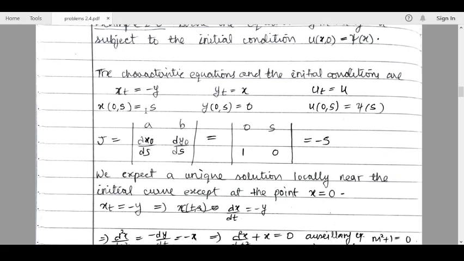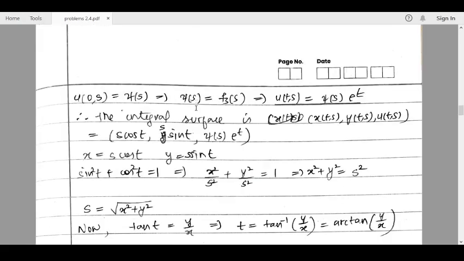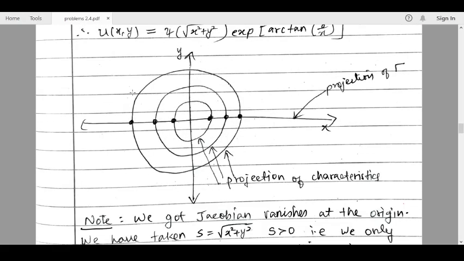Initial curve is this, x is s, y is 0. So it is nothing but the x-axis. So initial curve is the x-axis that is plotted here. So this is the projection of the initial curve.